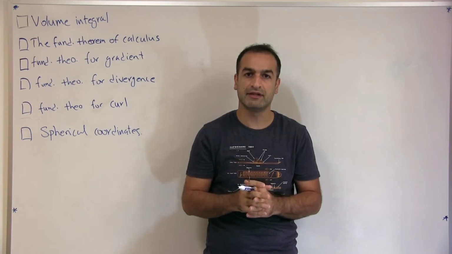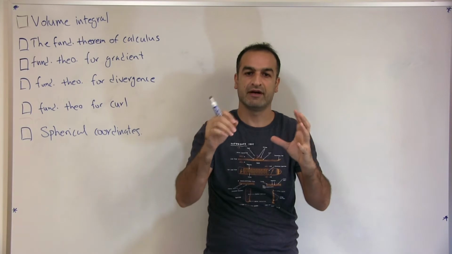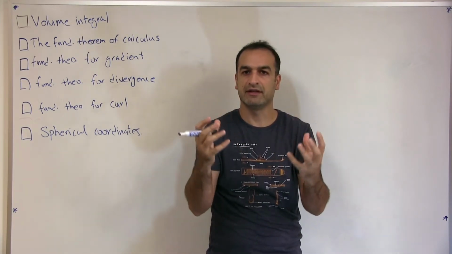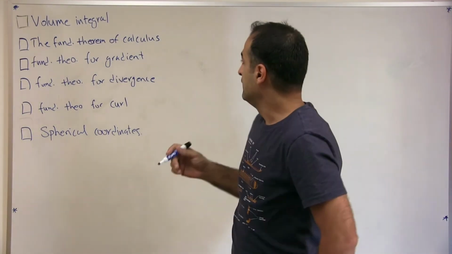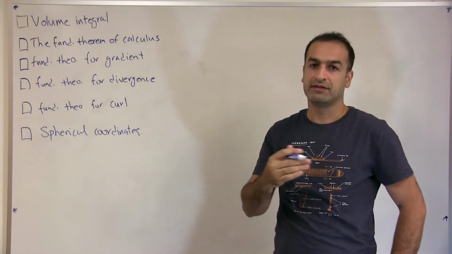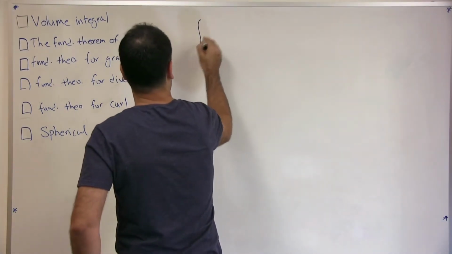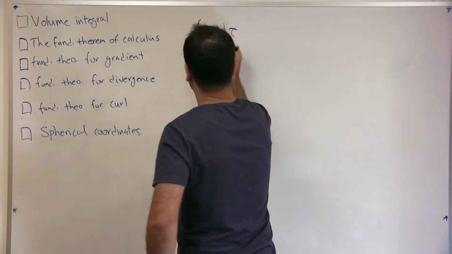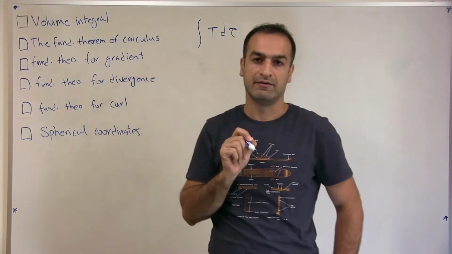For the volume integral, we have a 3-dimensional shape, and we are integrating a function over the volume. Imagine, let's say, inside a sphere, inside a cube, or something like that. So the definition of the volume integral: if you are in 3-dimensional space, it's a triple integral. If we have a scalar function T, we can integrate it T d tau. The tau is infinitesimal volume.